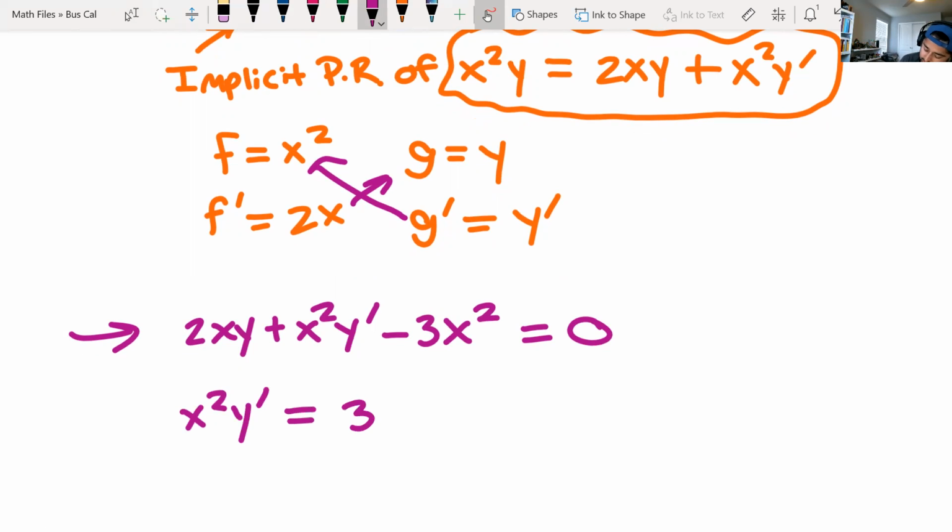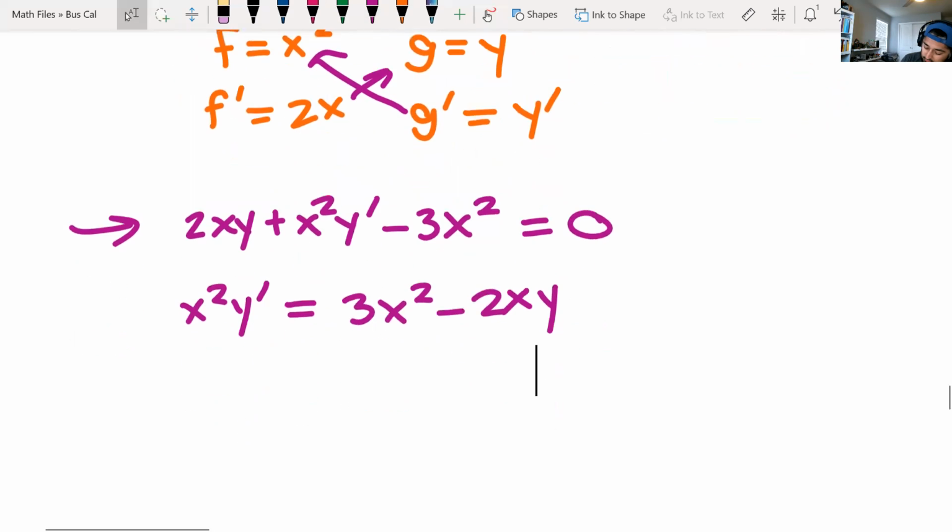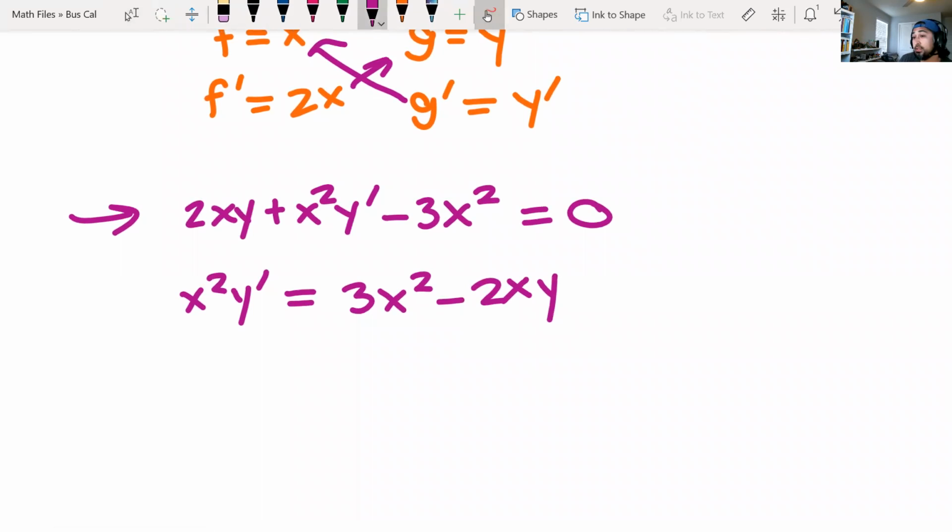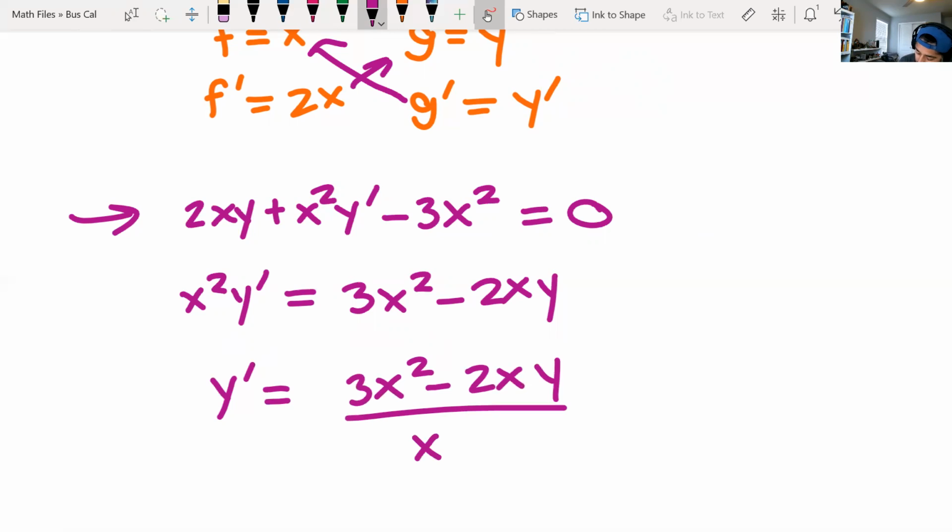On the right side, I'll have positive 3x squared minus 2xy. And then just divide by x squared, and we'll have y prime equal to 3x squared minus 2xy over x squared.